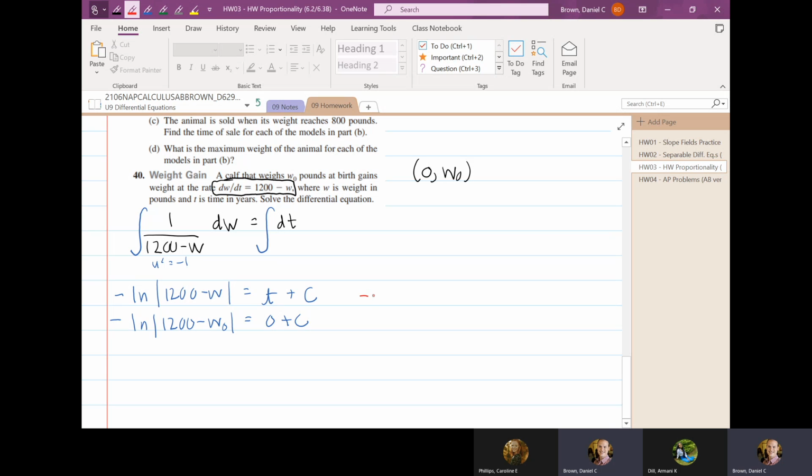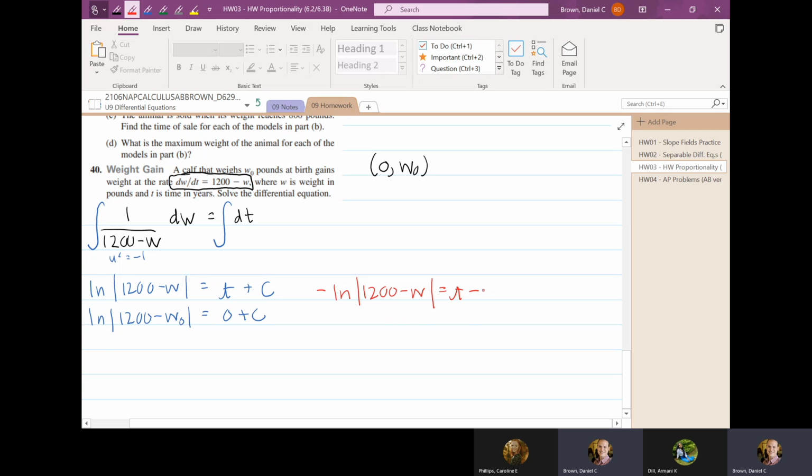So plugging it in, we have this is equal to t, and then your c value is this. Got it. And then kind of, base e both sides and go from there.